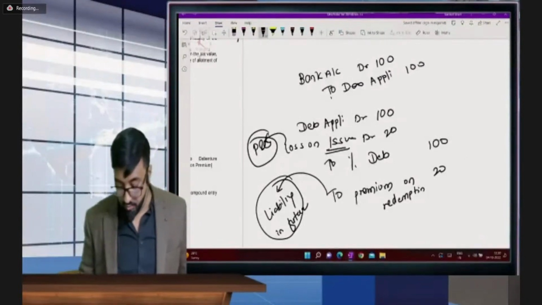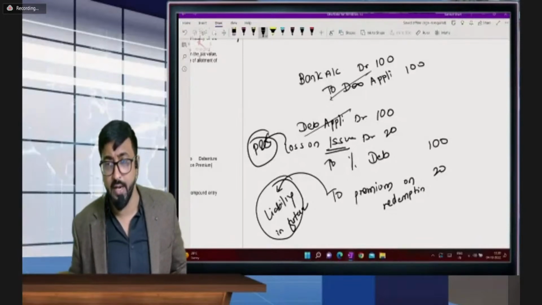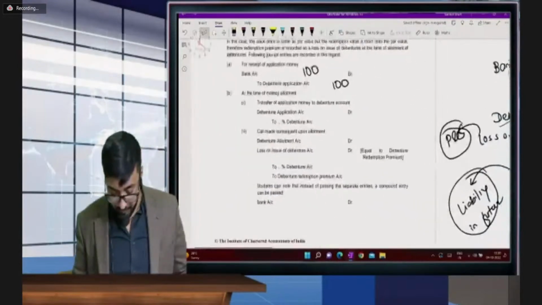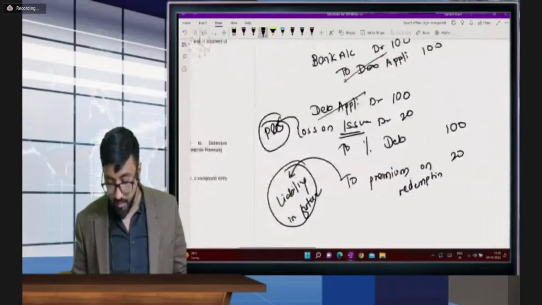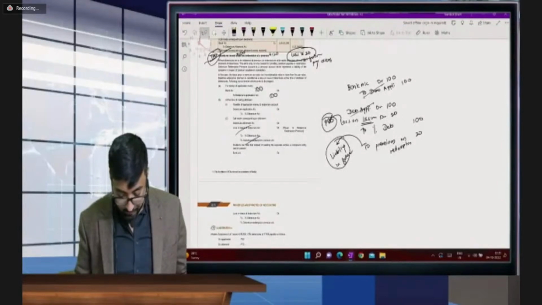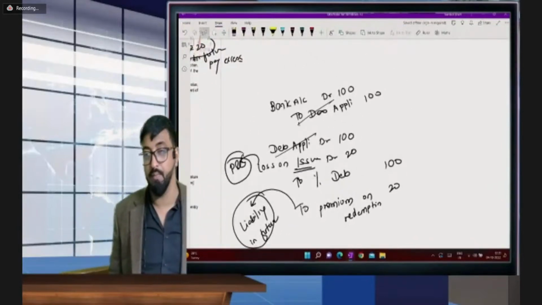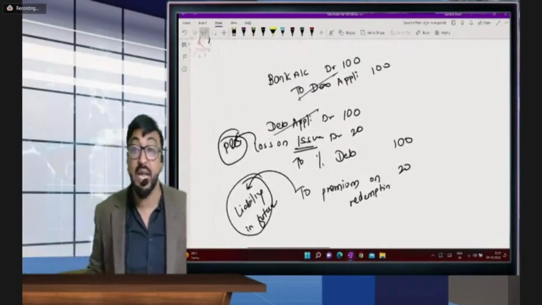Debentures application account debit, loss on issue of debentures account debit, to percentage debentures 100, to premium on redemption 20. See the entry. Premium on redemption, or debentures redemption premium account.